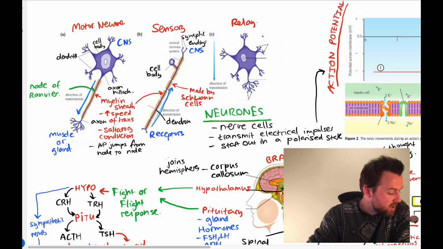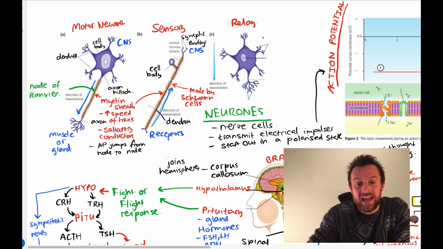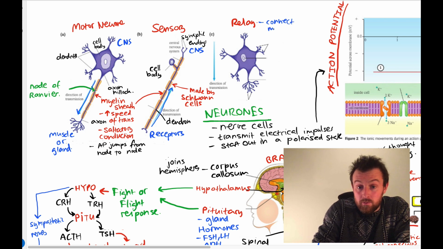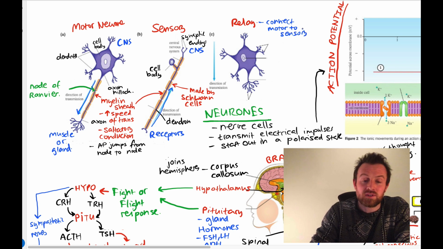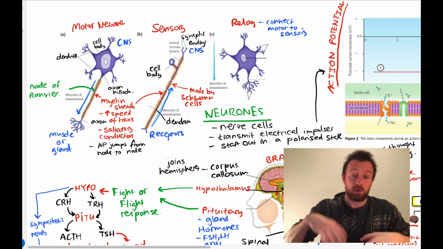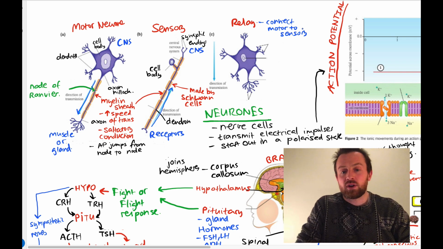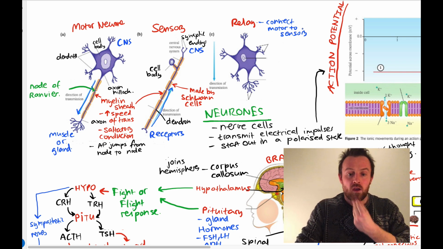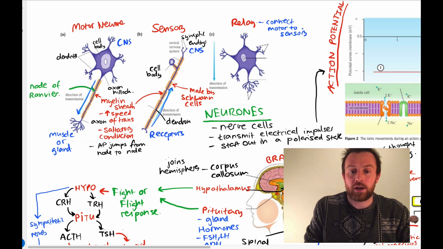And the relay neurons are generally ones that connect nerves to nerves, so they generally connect motor to sensory. They're the ones that join up the motor and sensory neurons, or relay neurons might even connect to other relay neurons. And actually most of the neurons in the brain I believe we class as relay neurons.